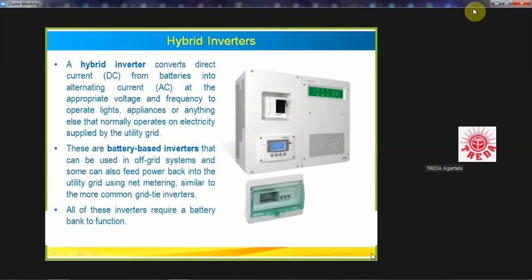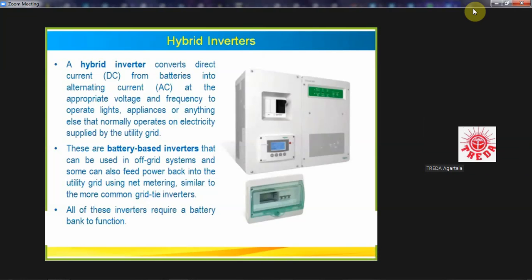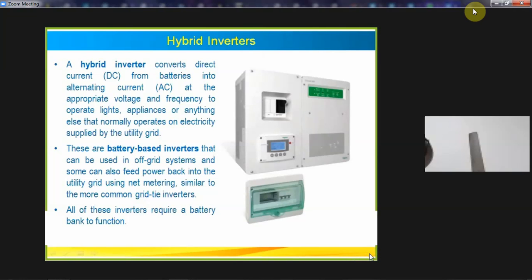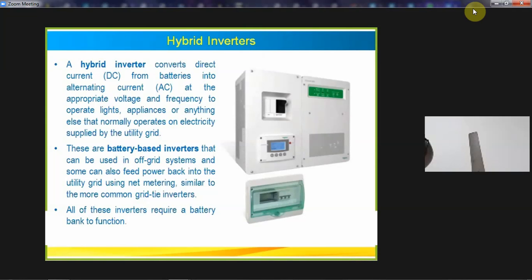This also happens in the case of natural power and solar power.